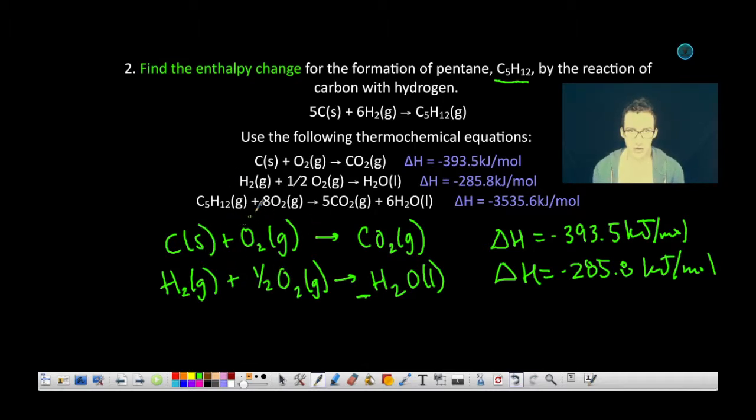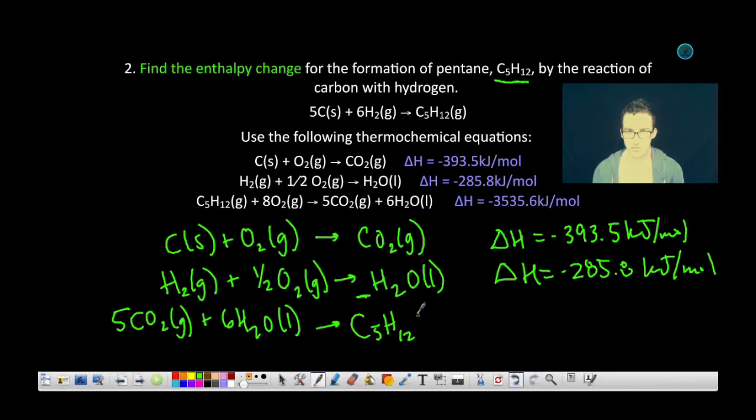Okay, as we look at the third equation here, I notice we've got pentane in our equation, but it's on the reactant side. However, in the desired equation, we've got it on the product side. So we're going to reverse that equation, which will give us carbon dioxide and water as reactants, and the formation then of our pentane as a product, and oxygen gas.